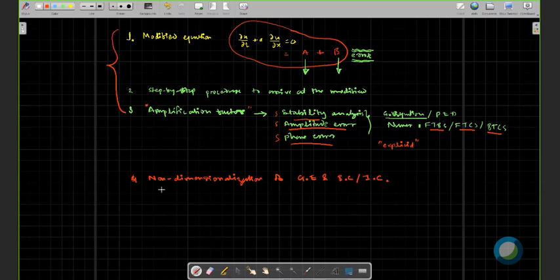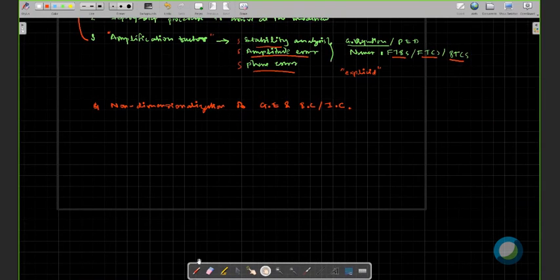So when you do this non-dimensionalization, we always try to see that the variables are varying from 0 to 1. Suppose it is a temperature, suppose it is a velocity, or it is the concentration of any fuel or anything, then these values should vary from 0 to 1.